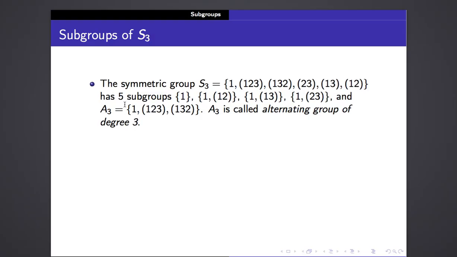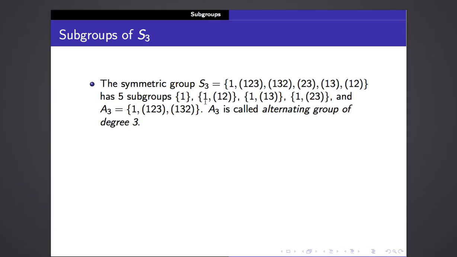I should have said that. Sorry about that. Proper subgroups, because S3 itself is also a subgroup. So there are actually 6 subgroups, but among them there are 5 proper subgroups. Proper means the subgroups that are not equal to S3.